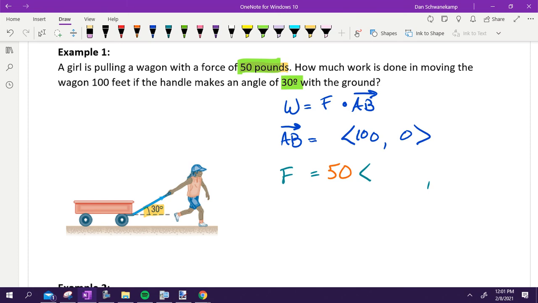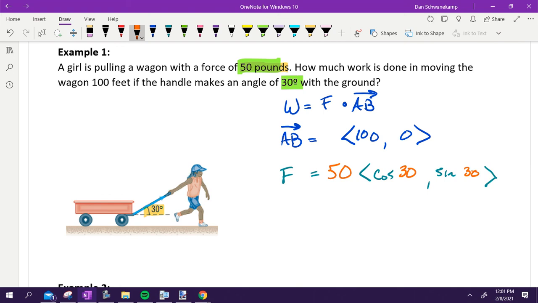And then what would need to be written inside of these brackets? If I want to know how much I pulled left and right. Good. Cosine of 30, because I'm pulling it on the x-axis 30, and I'm pulling it on the y-axis sine of 30. Everybody good to that point? This is kind of awkward.